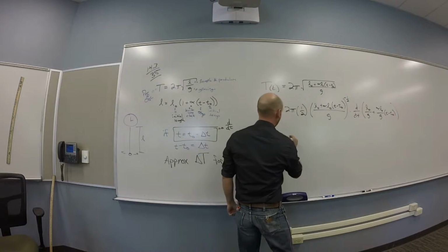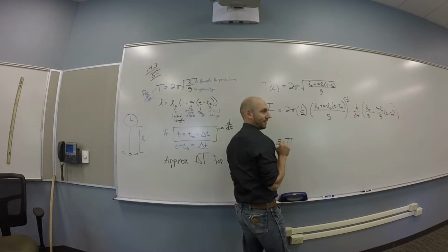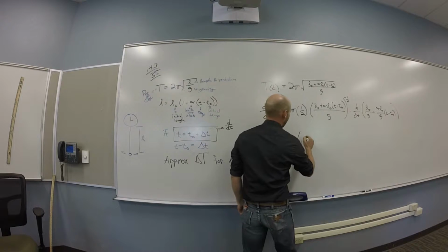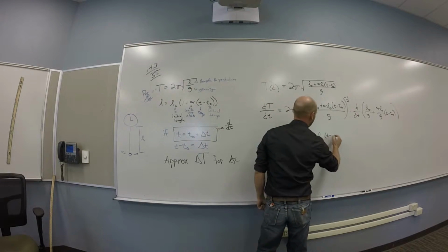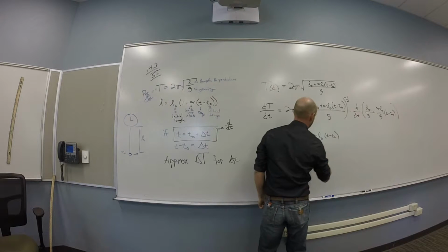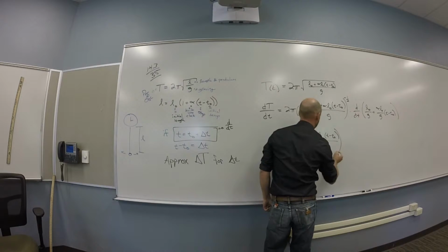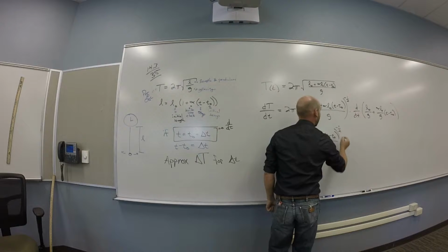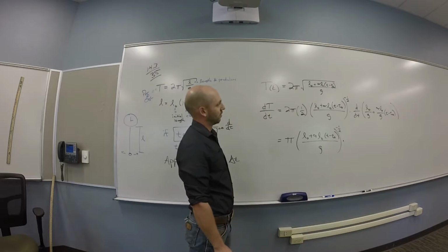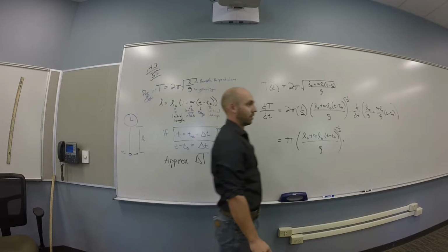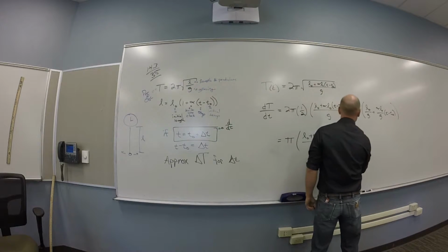So I think I got a pi, and L naught plus alpha L naught times T minus T naught over G to the minus 1/2 power, times alpha L naught over G, it seems like.